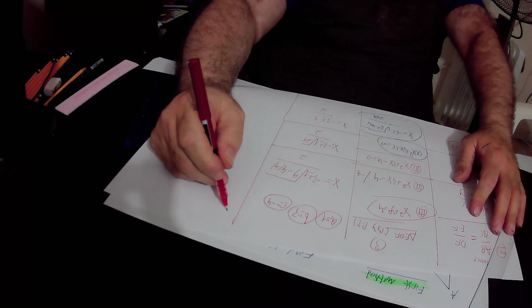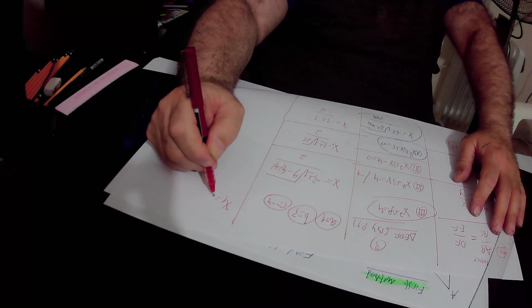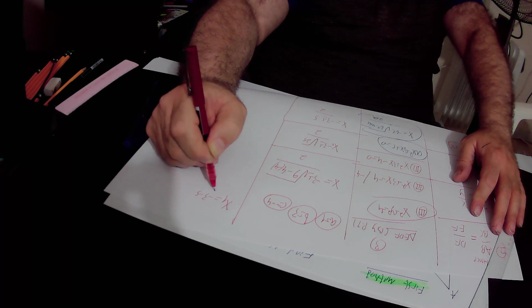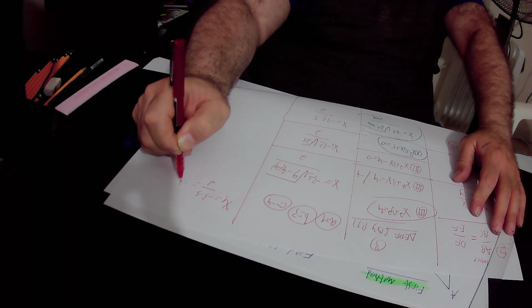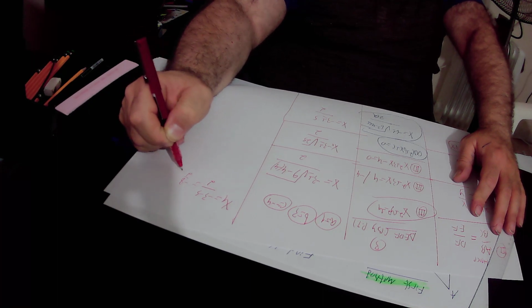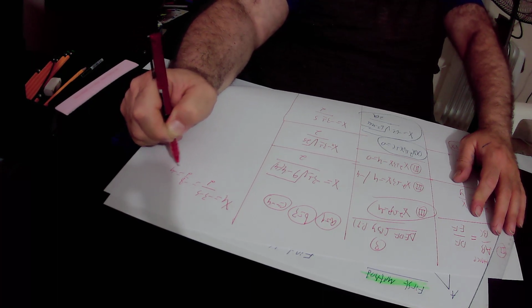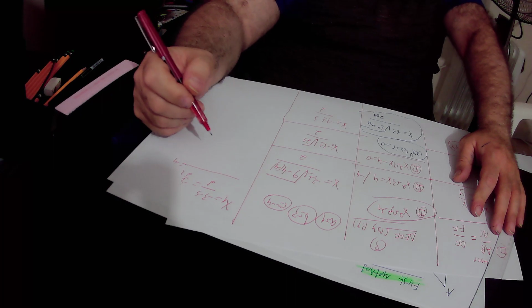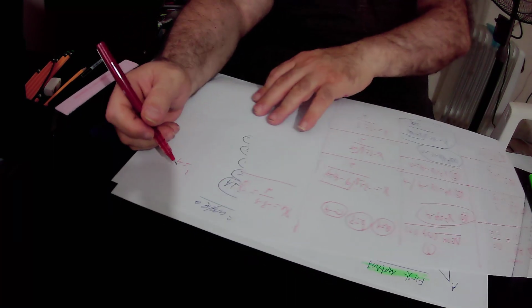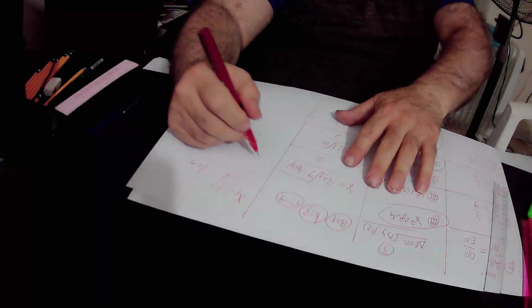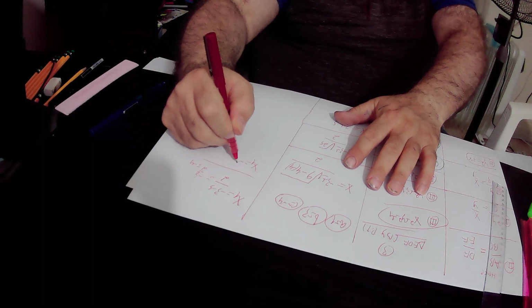The first solution for x is x1 equals minus 3 minus 5 over 2. Minus 3 minus 5 is minus 8. Minus 8 over 2 is minus 4. So we found that x1 equals minus 4.